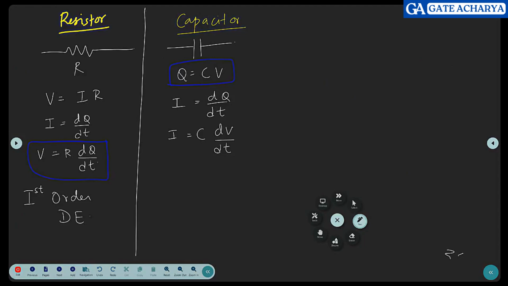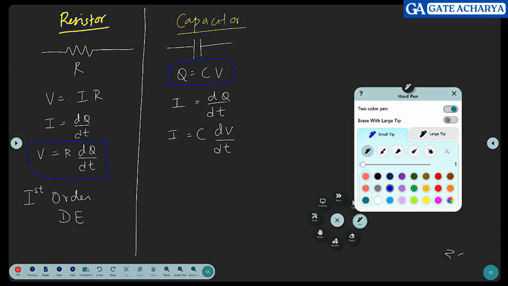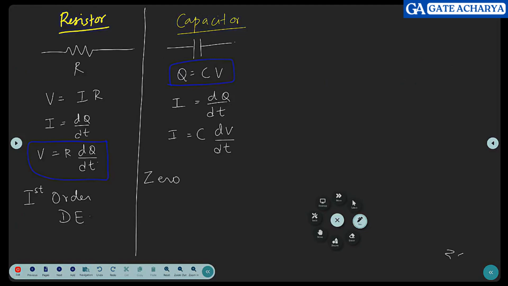No. So it is a zero order differential equation, that is, there is no differentiation at all. The order is what I am making with V and Q, not with V and I. That's what you should be very careful about.